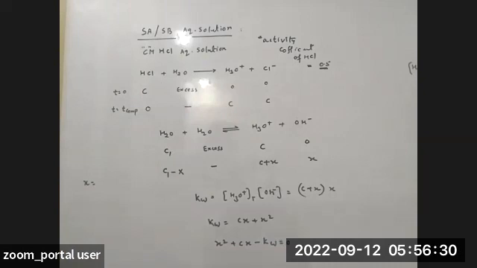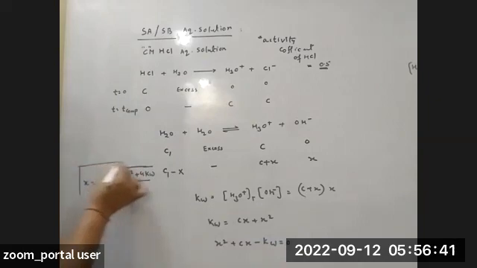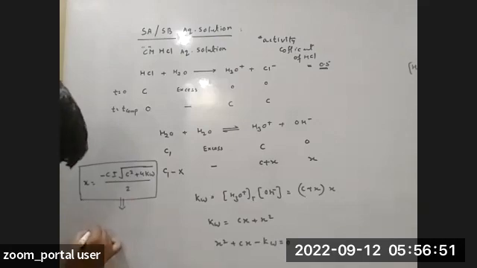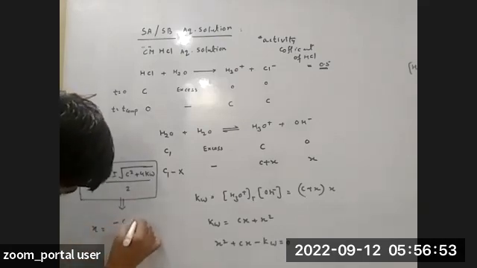X will be minus C plus or minus root of C square plus 4Kw, divided by 2. The value of X cannot be negative. Yes or no? So we can discard one value and take the final value.